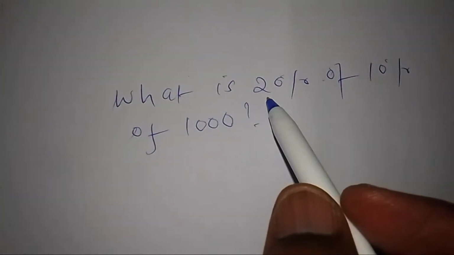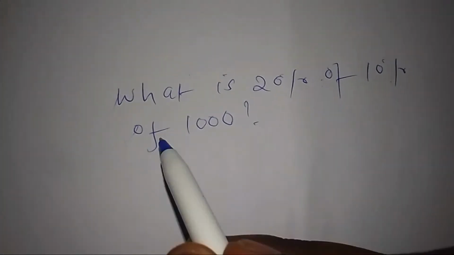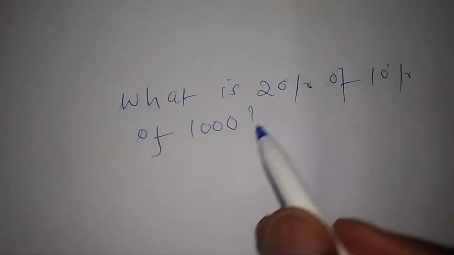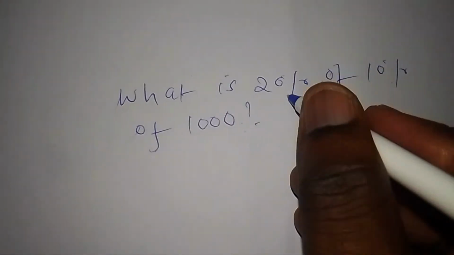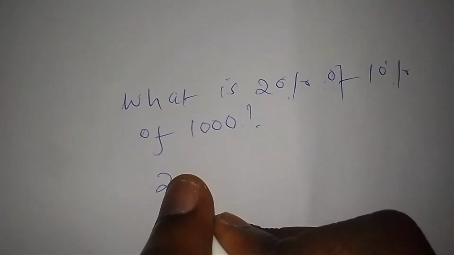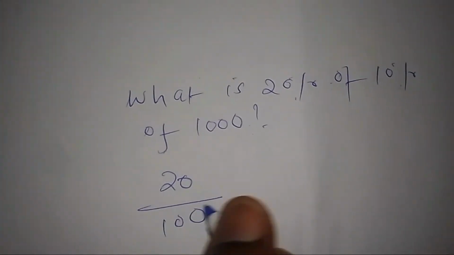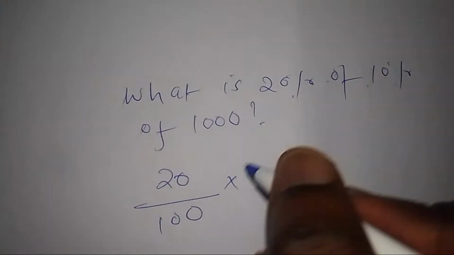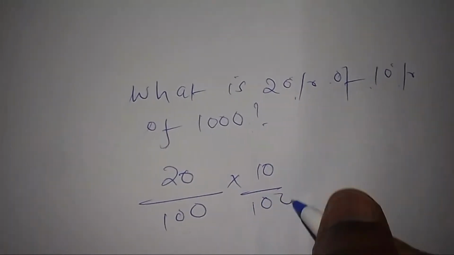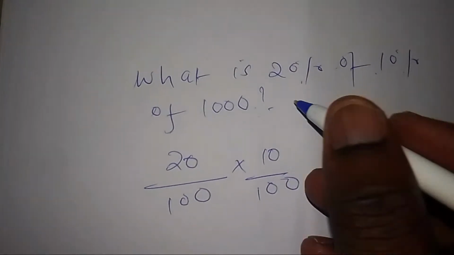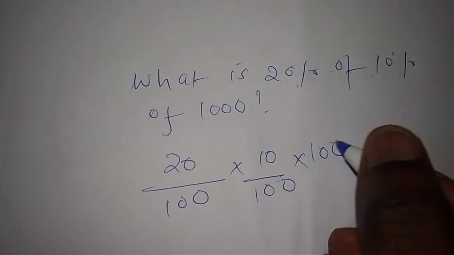From this case, you pick 20. Percentage means over 100, multiplied by 10, so 10 out of 100 because it's a percentage. Then you multiply by the 1000 there.